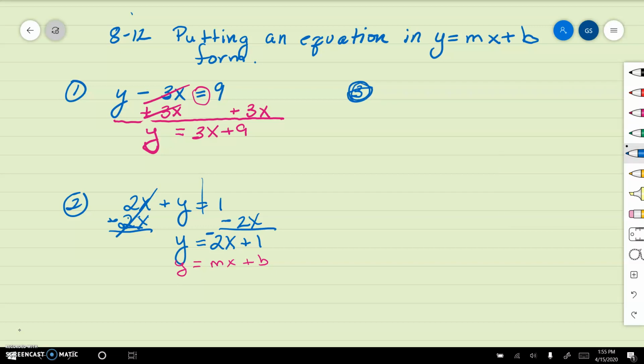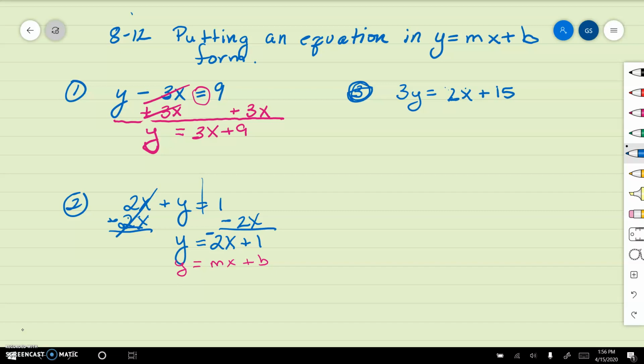Number 3 is 3y equals 2x plus 15. Well, we want to get y alone. In this case, nothing is being added or subtracted to y, so we are not going to use subtraction or addition to get rid of it.